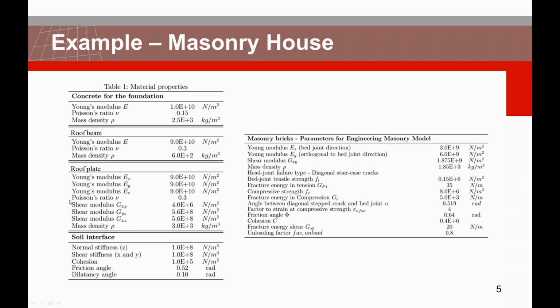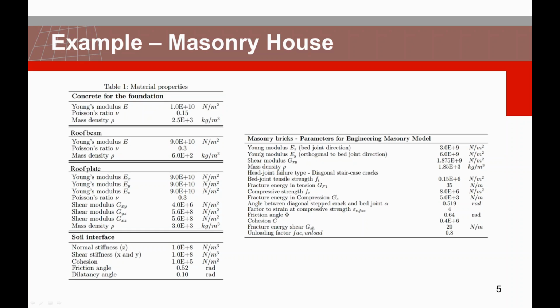For the roof plate, a linear elastic orthotropic model, where we vary the shear modulus. For the soil, we don't model the soil itself, but we take into account the subgrade reaction as an interface. And for the masonry walls, we use the new engineering masonry model developed in DYANA.